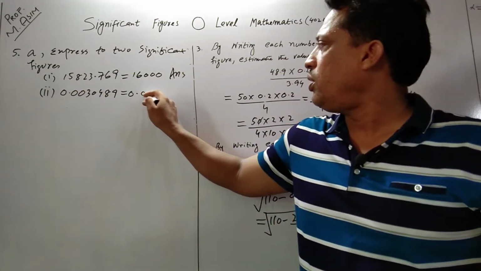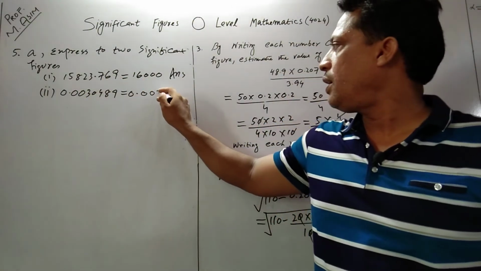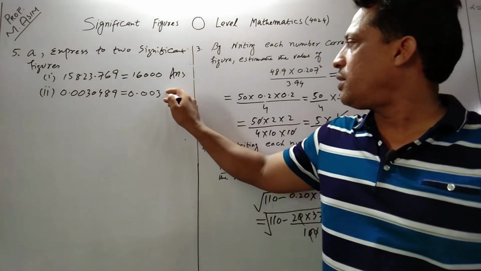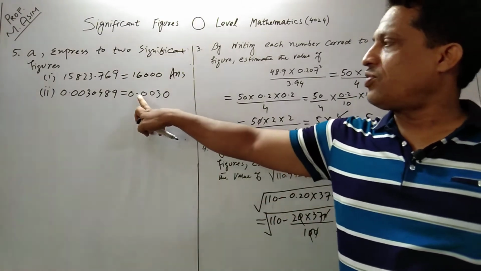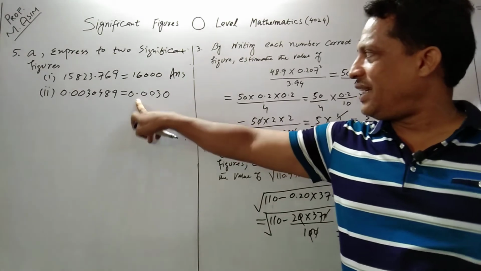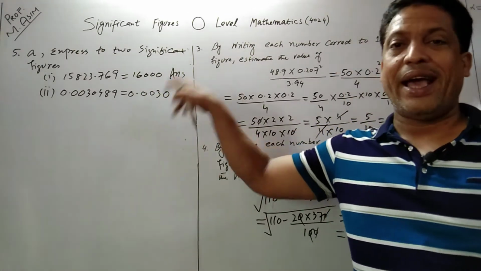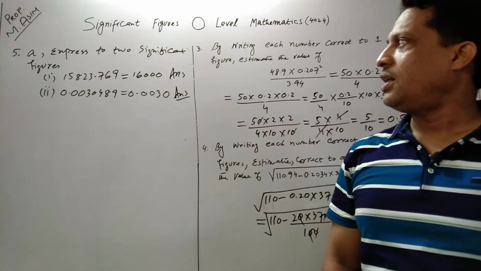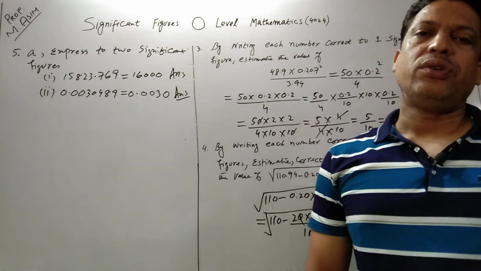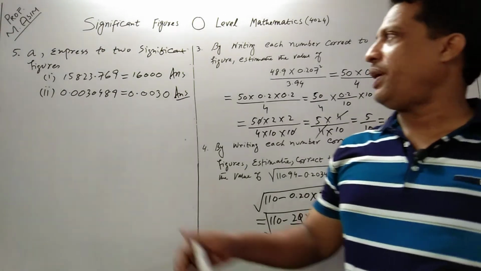These 2 zeros have no significance, this 3 has significance, and this 0 also has significance, because after the decimal, if you see non-zeros, then a 0 after the non-zeros has significance. Therefore 2 significant figures gives the answer 0.0030.